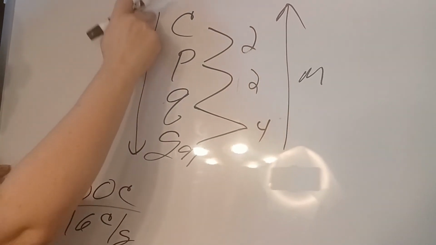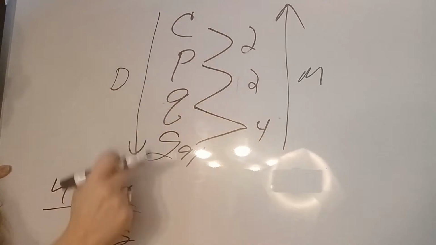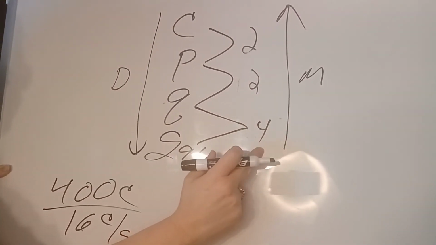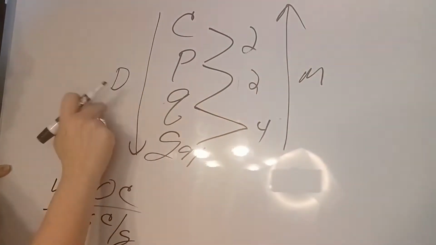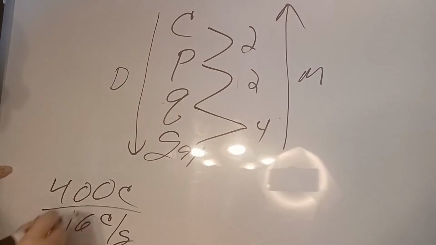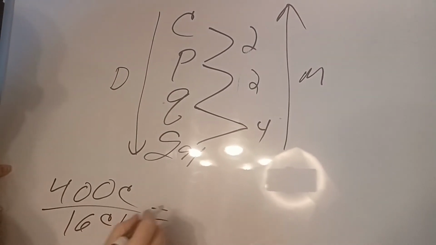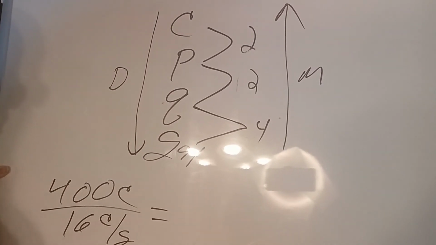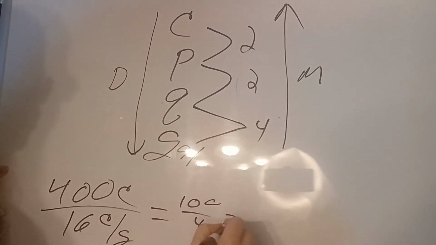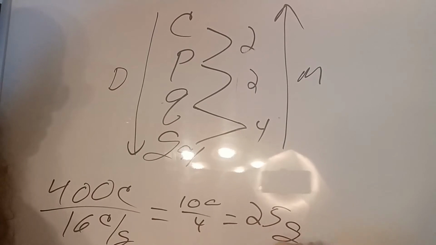And we're dividing because we're going from cups to gallons, which is downward. Okay, you always multiply these to get the conversion factor, and then either multiply or divide the number depending on which way you're going. So 400 cups divided by 16 cups per gallon, that's 100 divided by 4, which is 25 gallons.